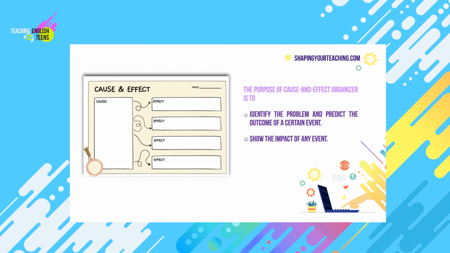If your students are really struggling with identifying or understanding causes and effects, this is a great graphic organizer to use. The purpose of cause and effect organizer is to identify the problem and predict the outcome of a certain event.